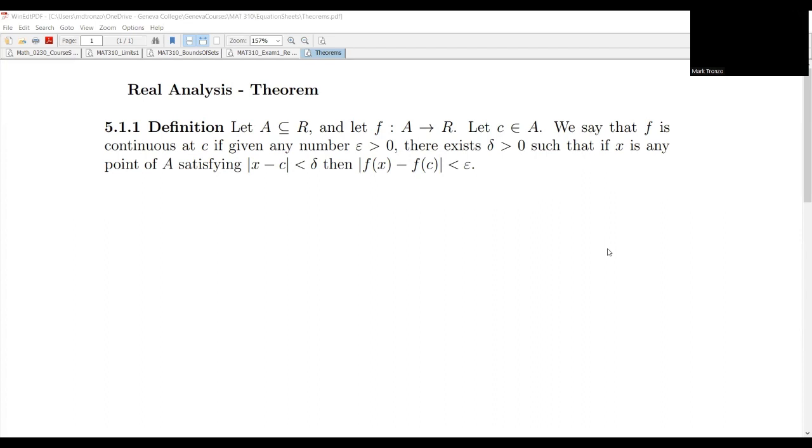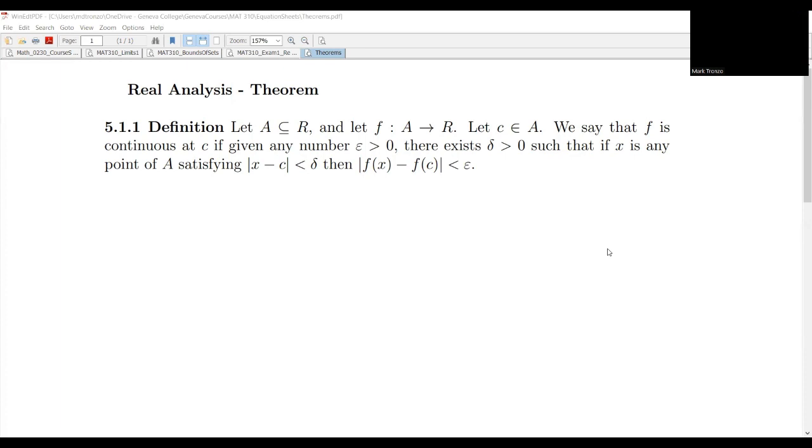This definition is very similar to the definition for the limit. There's only two differences. Here we have |f of x minus f of c| is less than epsilon, whereas before we had |f of x minus L| is less than epsilon.